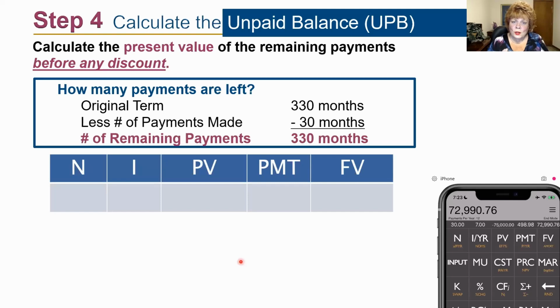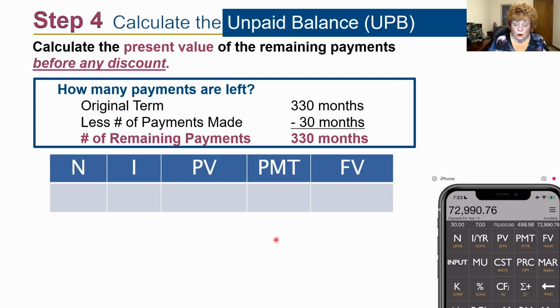So when you want to calculate the present value of the remaining, your first step is you have to determine how many payments are remaining. So we said that the original term was 330 months. Well, if 30 payments have been made, then 330 payments remain.